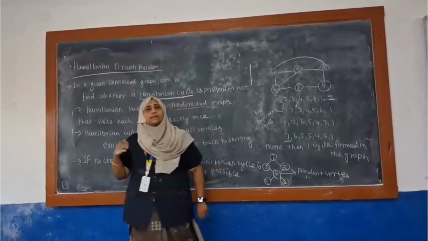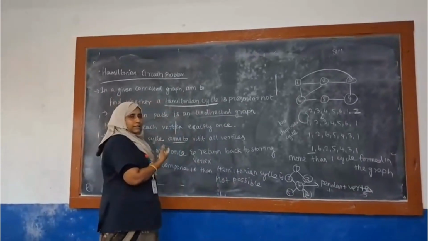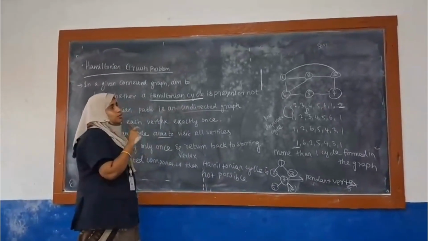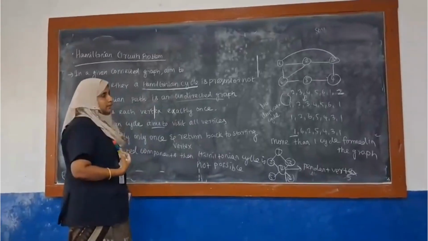Okay, so now I will take one example. From that example given from the graph, I will tell you how to find the Hamiltonian cycle.